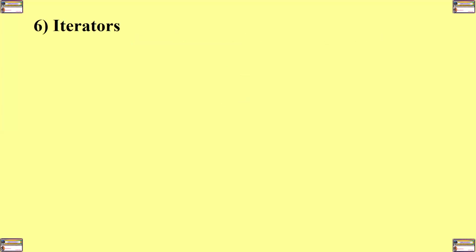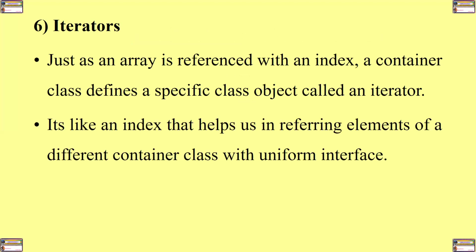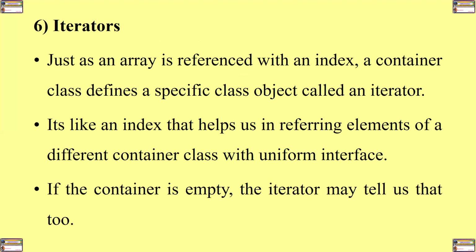Let's now look at what we call iterators. Just as an array is referenced with an index, a container class defines a specific class object that we call an iterator. An iterator is like an index that helps us in referring to elements of different container classes with a uniform interface.